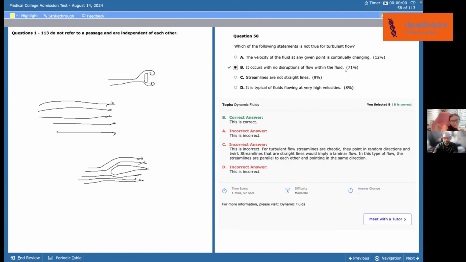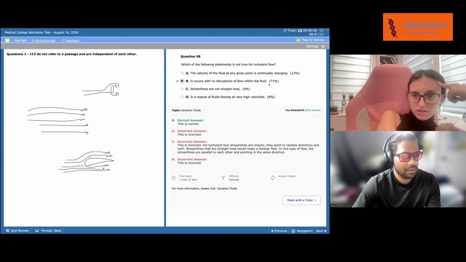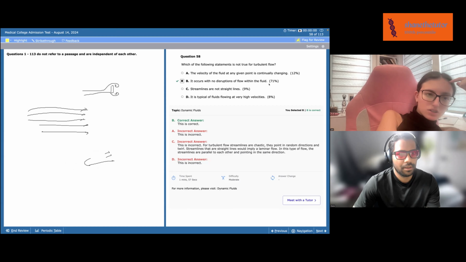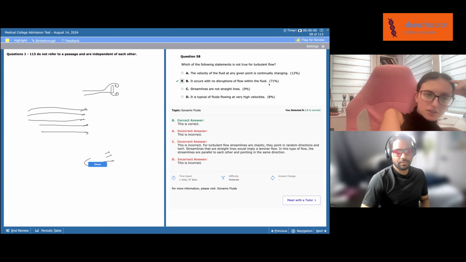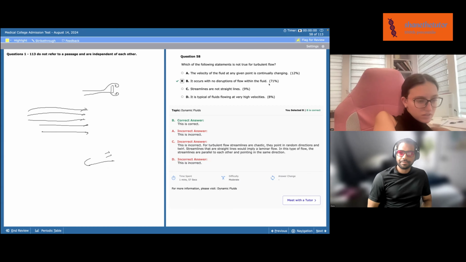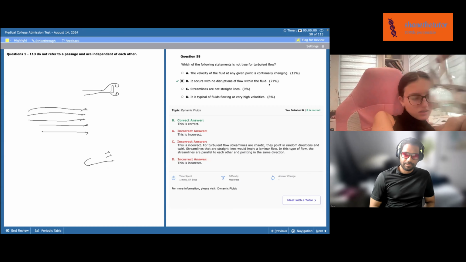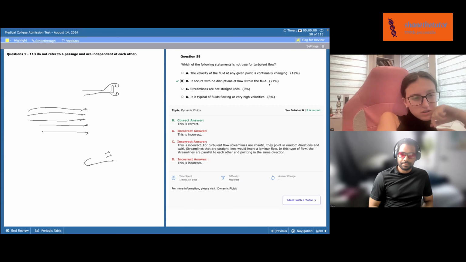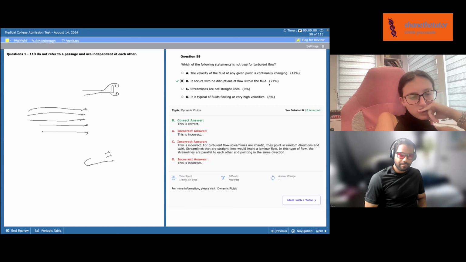So streamlines are straight lines. The velocity of a fluid is continually changing, only if it's acted upon, right? Why would the velocity change? Just like the cup of water that's sitting, until I picked it up, it was completely still. Why would the velocity be changing?